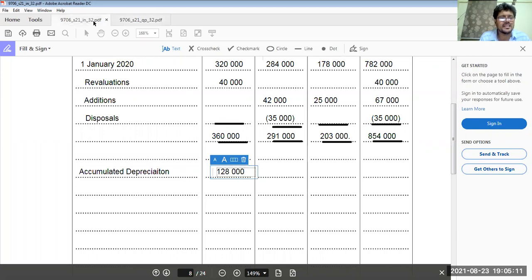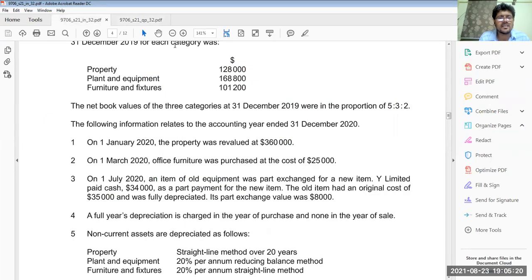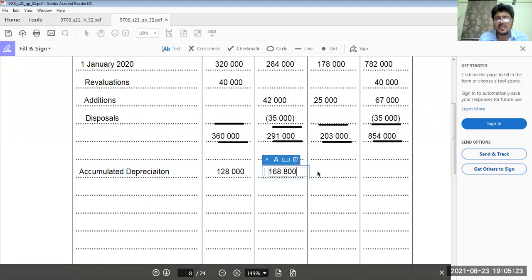So what about this? 168,800. That's 101,200, and altogether it is 128,000 plus 168,800 plus 101,200, which is 398,000.